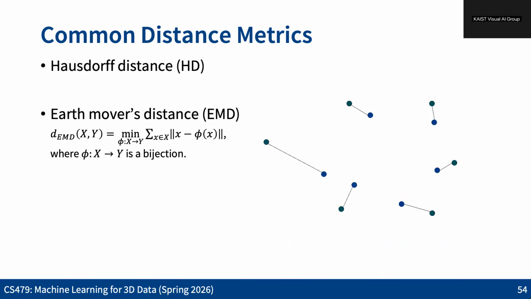When you assume that the number of points is the same, we find the pairs in a way that the sum of distance is minimized. Then we take this minimum sum of the distance as the distance of the two point clouds. Make sense? Clear? So this is called the Earth Mover's distance.